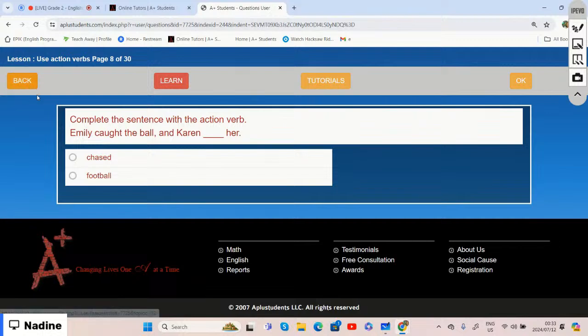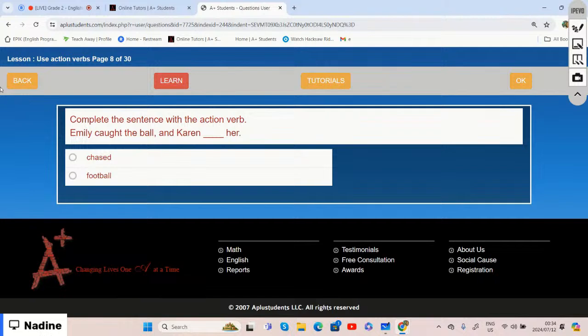He's waving, right? It says Emily caught the ball and Karen, do we say chased her or football her? We need to choose the correct action verb that tells us what Karen did. Is it chased or is it football?